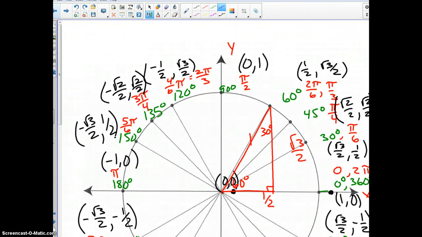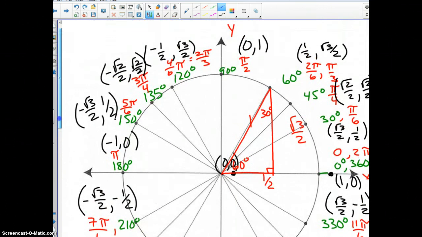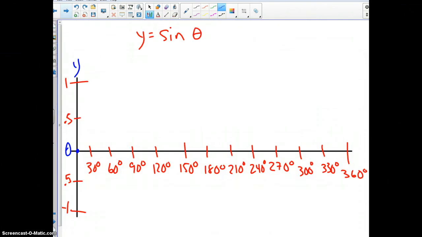Let's do 30 first. Sorry. 30 degrees here. Y coordinate again. Y coordinate is a half. So the y coordinate is a half, so we can plot this point. So that was the first one at 30. 60 was the 0.866. So somewhere in here, almost up to 1.